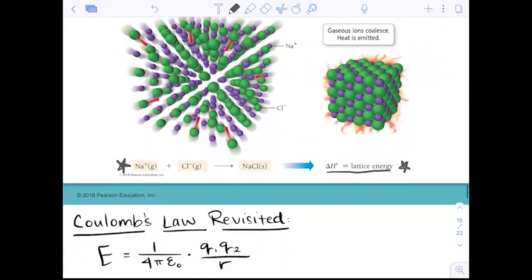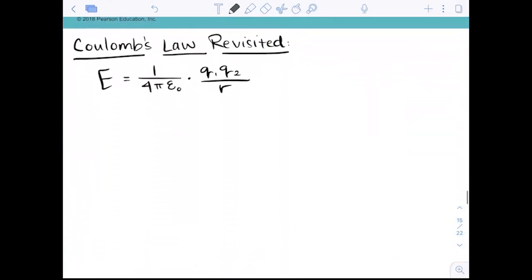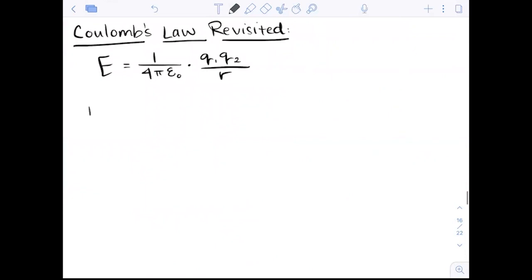Now let's just break this down a little bit and revisit Coulomb's law. If I know sodium will become sodium +1 and release 1 electron, that is called ionization energy, and I can look that value up on a table. It costs 496 kilojoules per mole to remove an electron from sodium.